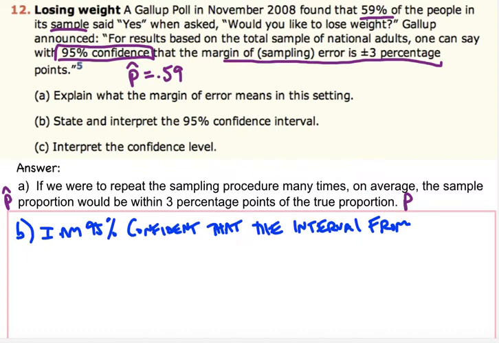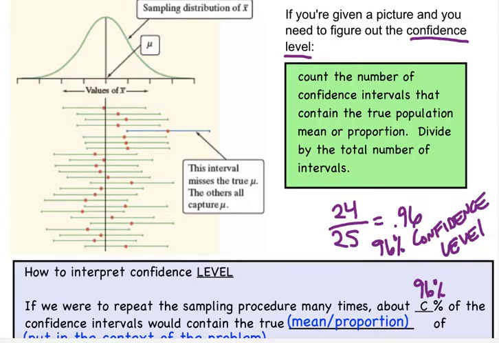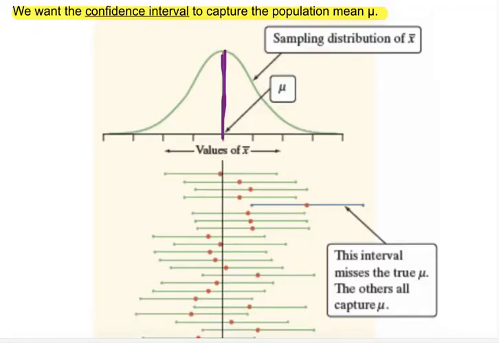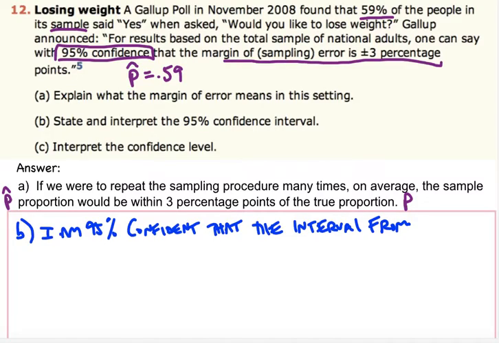So we have to actually figure out what this interval is. Go back. Here's your formula for a confidence interval: point estimate plus or minus margin of error.